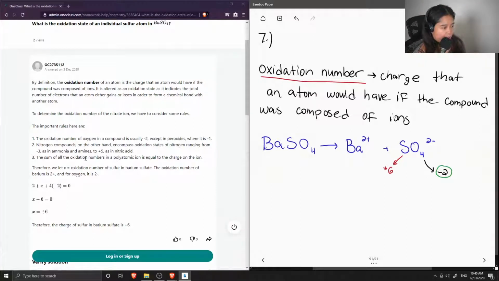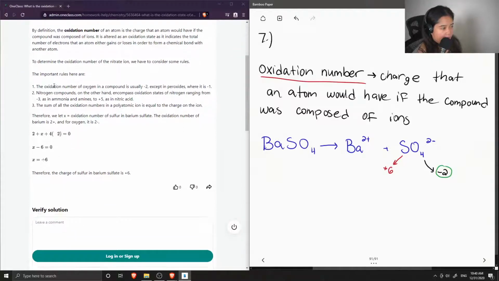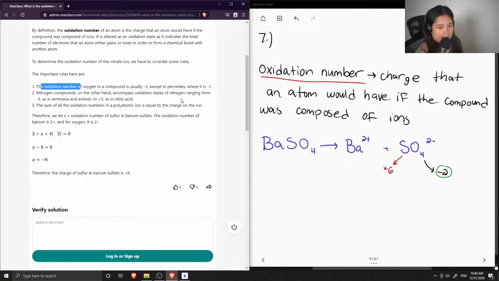To determine the oxidation number of the nitrate, and I think they mean the sulfate ion, we have to consider some rules. The important rules are the oxidation number of oxygen in a compound is usually -2, except in peroxides where it is -1. Nitrogen compounds, on the other hand, encompass oxidation states of nitrogen ranging from -3, as in ammonia and amides, to +5, as in nitric acid.